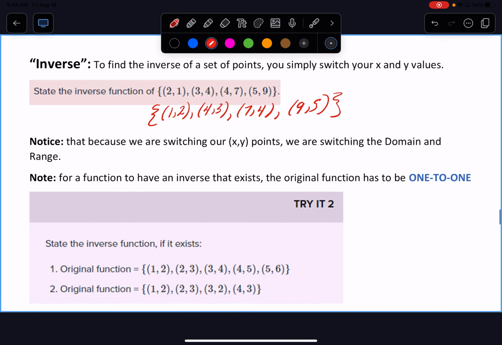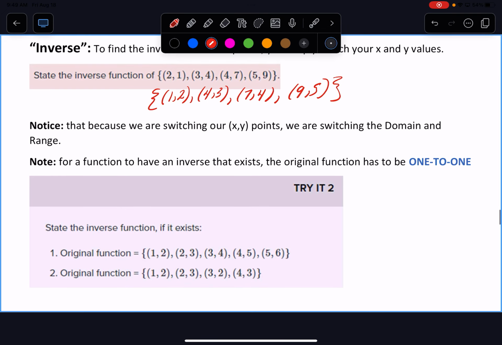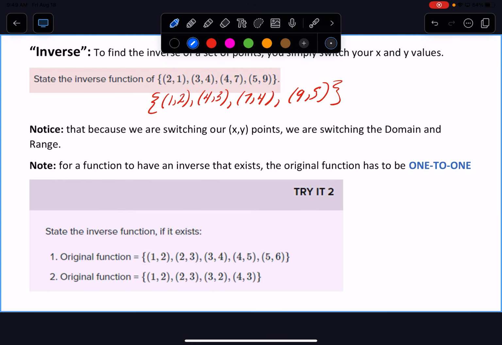Okay, so then right here, it does make note of this. This is actually the first year they really actually in 1010 gotten into this. I would make note of that. For a function to have an inverse, so this year they're going to put some on there that do not have an inverse. So for something to actually have an inverse, the original function has to be 1-to-1. And that's kind of what she was talking about over here, right?